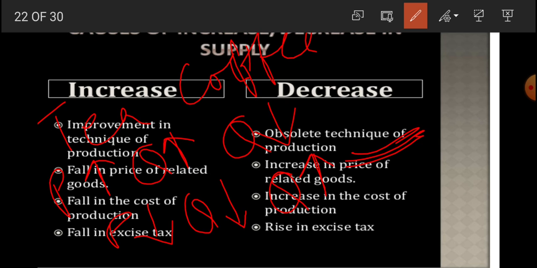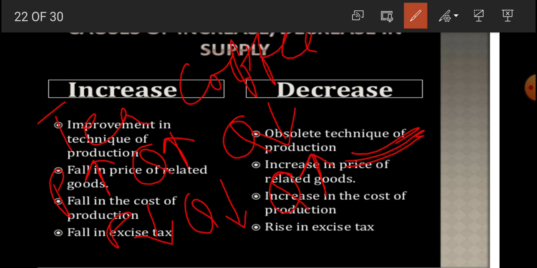Then fall in taxes. Keep in your mind, increased tax rates will lead to increase in cost of production. And whenever there is increase in cost of production, there will be reduction in supply. So we have to keep in mind that when there is increase in taxation, this is excise tax. We are discussing here the excise taxes.